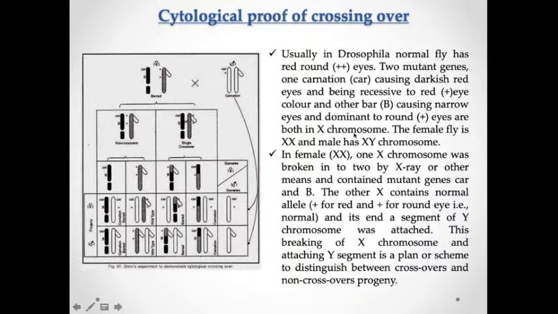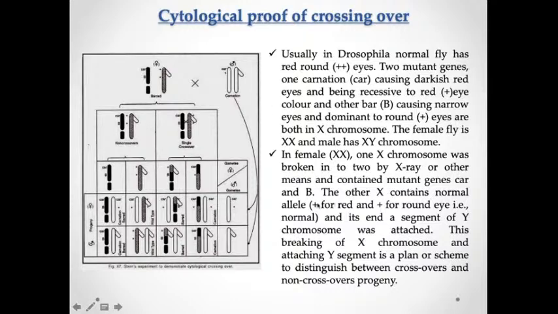Both are on the X chromosome. The female fly is XX and the male fly has XY chromosomes. In the female, one X chromosome has been broken into two by X-ray and contains the mutant genes CAR and B. So it has the CAR gene, leading to the darkish red eye, and also the B gene, bar, which causes narrowing of the eyes.